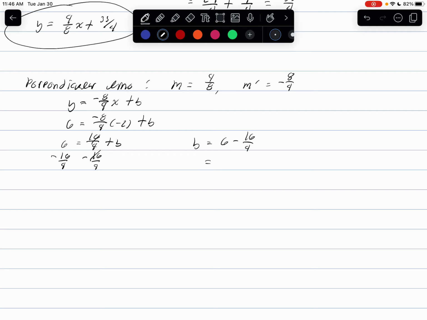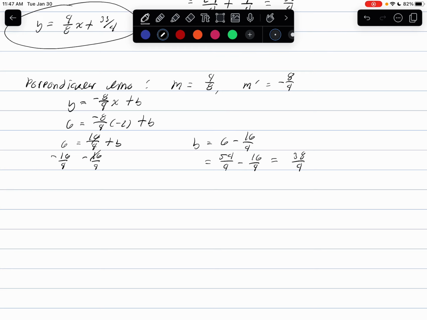Or we can rewrite this as 54 over 9 minus 16 over 9. And again, we can get this because we can multiply 6 by 9 over 9 to find our common denominator. So 54 over 9 minus 16 over 9 is going to give us, I'm thinking slowly today, 38 over 9.